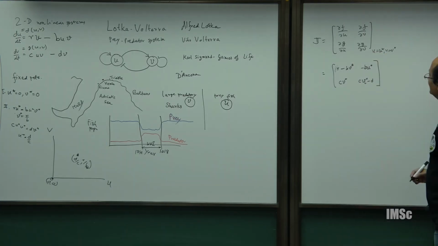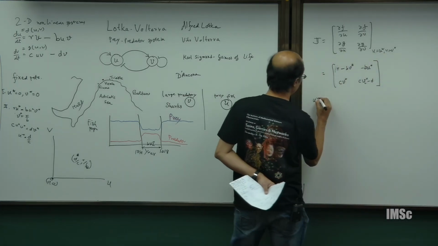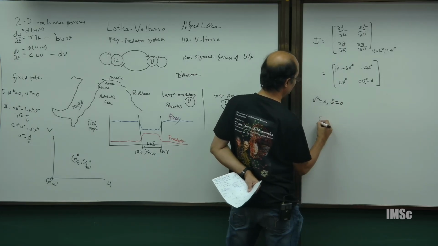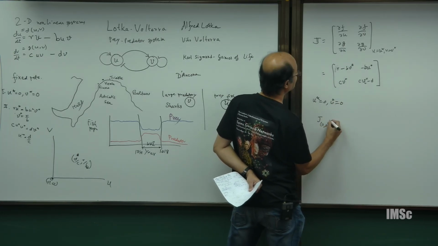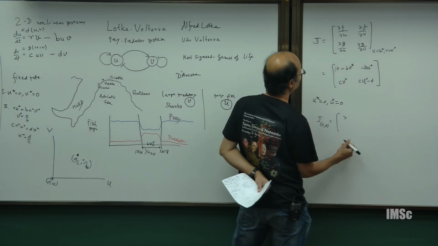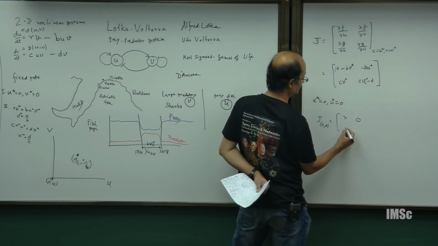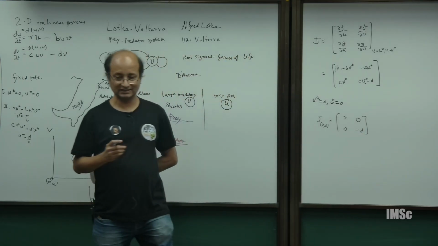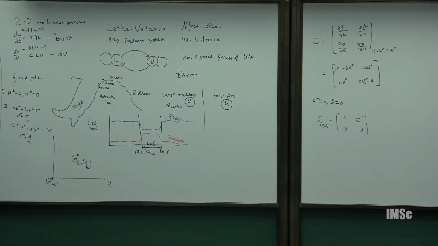Now, for u star equal to 0, v star equal to 0, my J at 0, 0 is R, 0, 0, minus D. R is positive, and D is positive, so minus D would be a negative number.